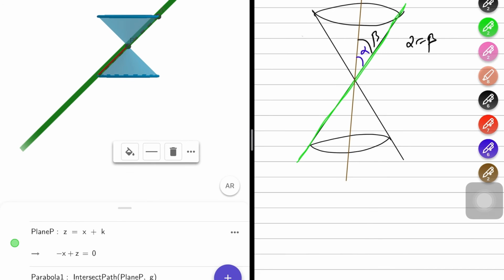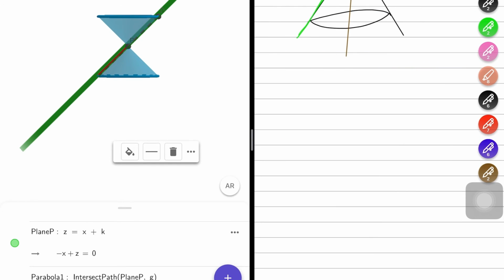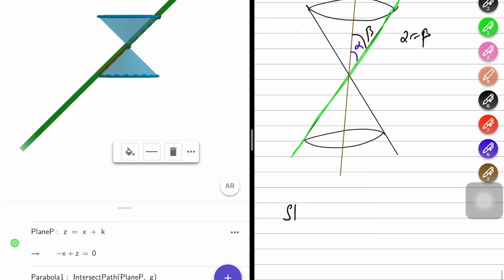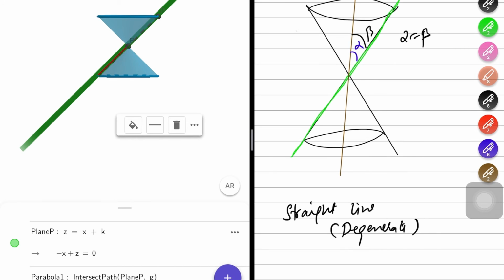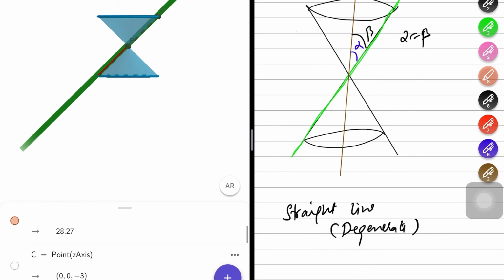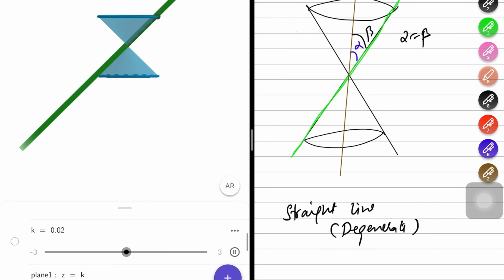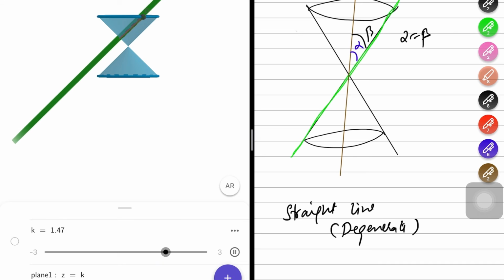So alpha is equal to beta, and in the degenerate case we get a straight line, a single straight line. And now if I move the position, we get a parabola again.